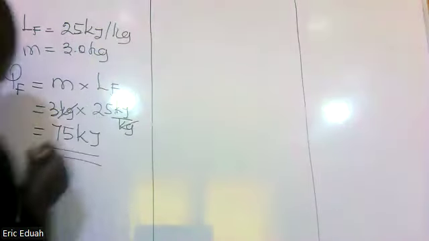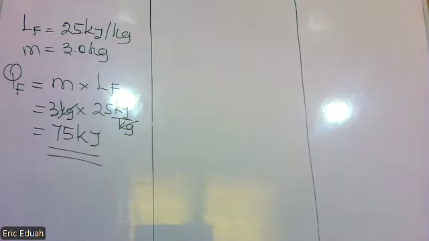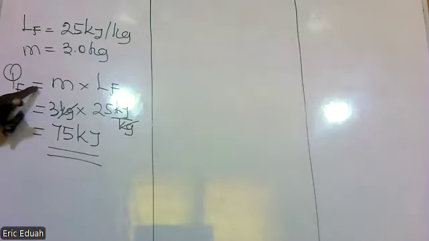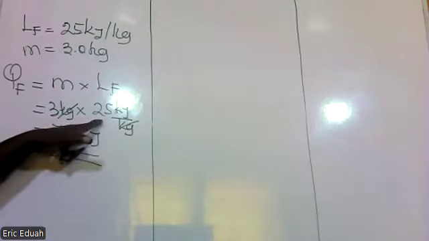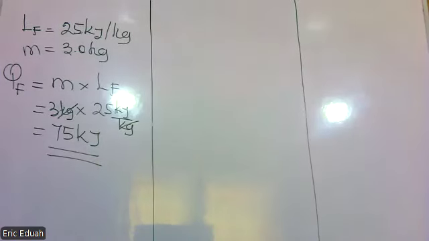Okay, so this time, the 3 kilogram, what did we use it for? That's the given mass. So 3 times the latent heat of fusion of 1 kilogram mass. Are you okay? Yes, please.